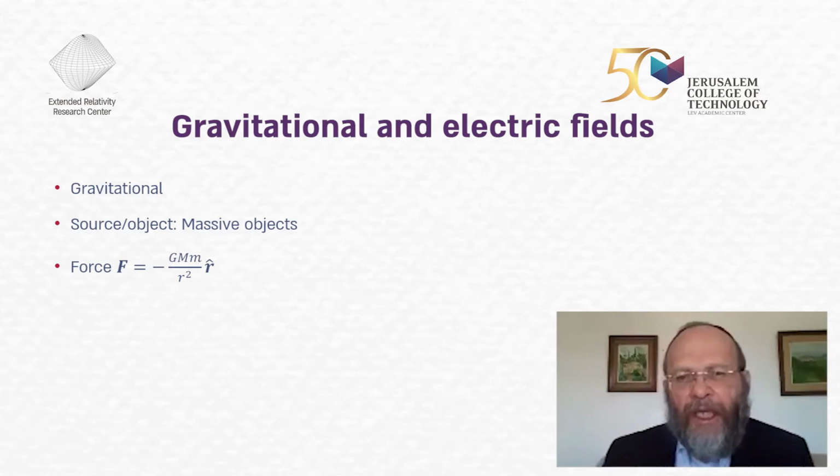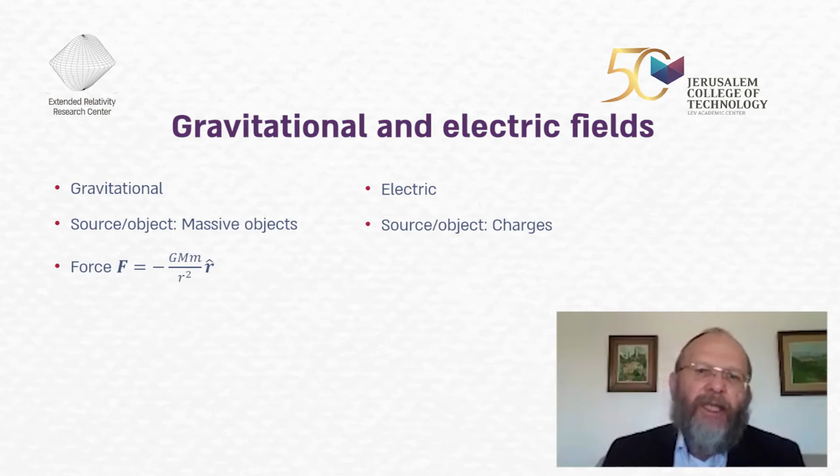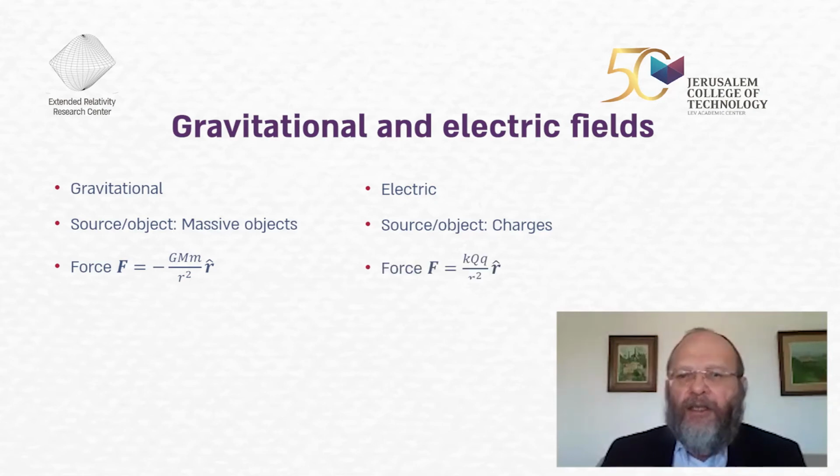If you look at the electric field, you also have sources. Both of them have to be charges. And the force is almost the same. It is F equals K Q q over r squared r hat, where K is the same kind of constant, for units to connect things the right way. You can also make it 1 by choosing the right units for the charges.